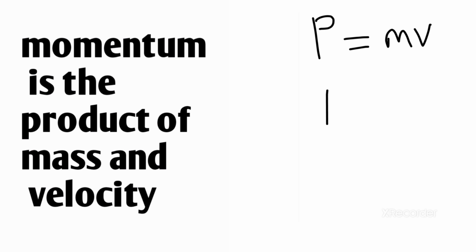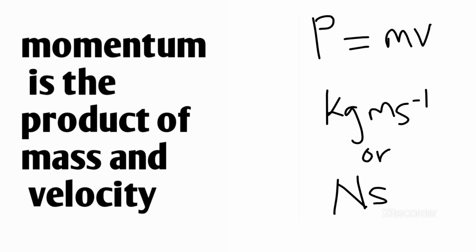If mass is in kg and velocity is in meter per second, this is the SI unit of momentum. We are going to derive another SI unit of momentum, which is Newton seconds. So let's show that using Newton's second law of motion.